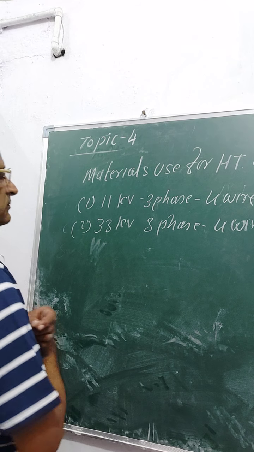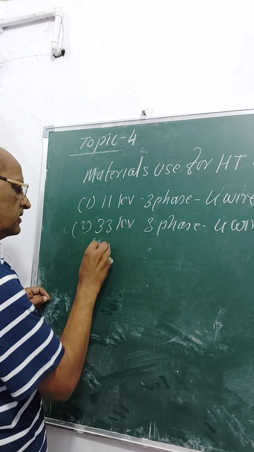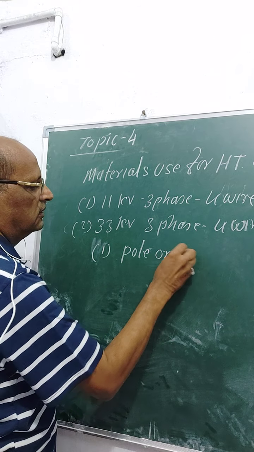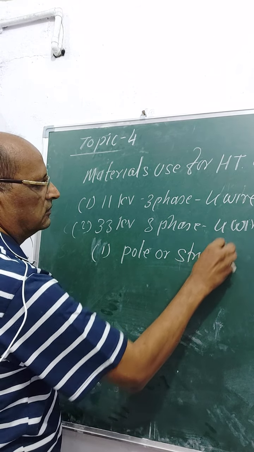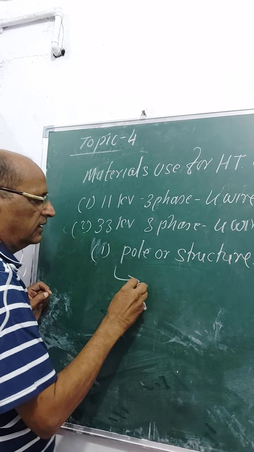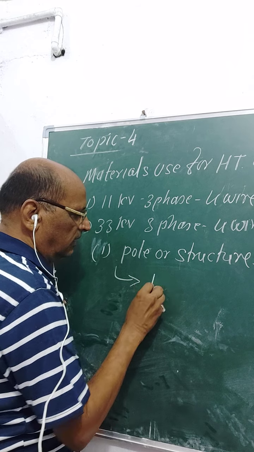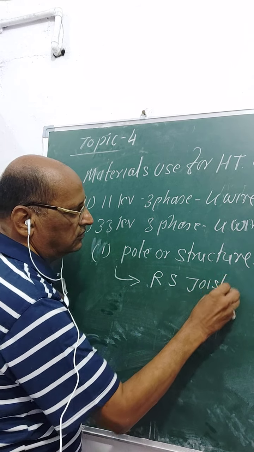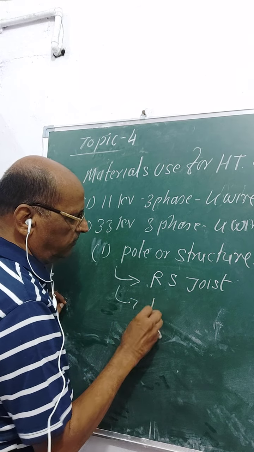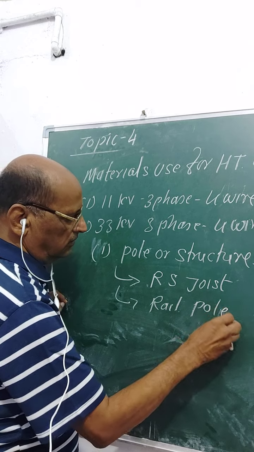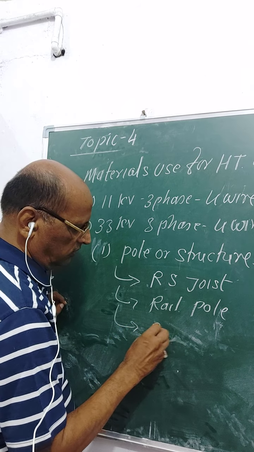Materials: first is the pole or structure. So poles have RS joist, rail pole, and PCC pole.